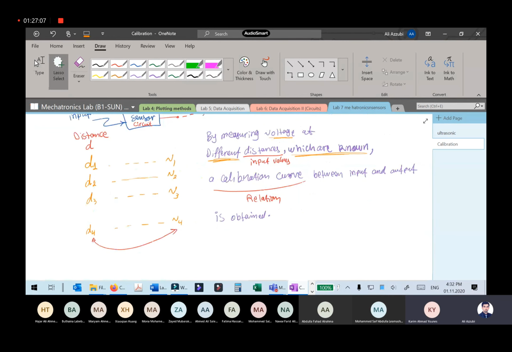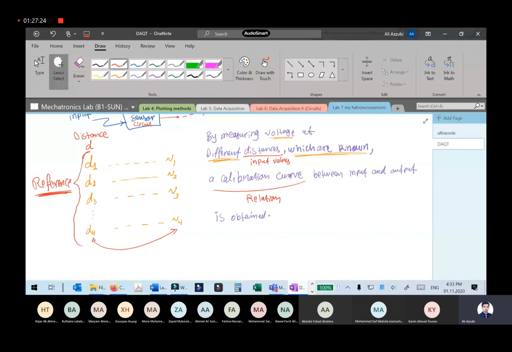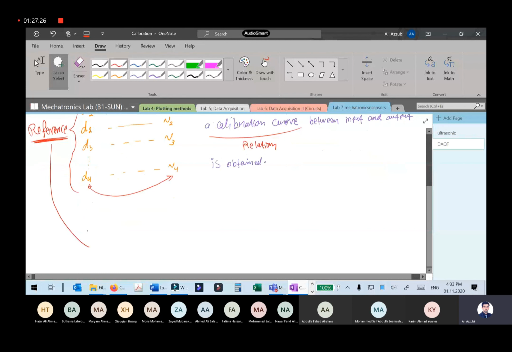Now how can I apply D? This is actually important. You need a reference. Now, how can I obtain this reference? You either use an accurate device or a more accurate device, or you use a standard.